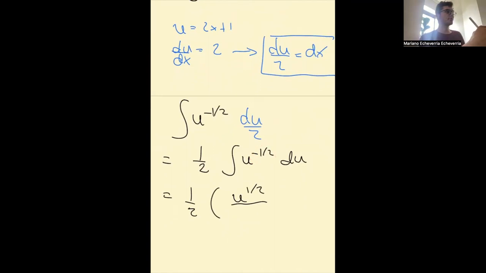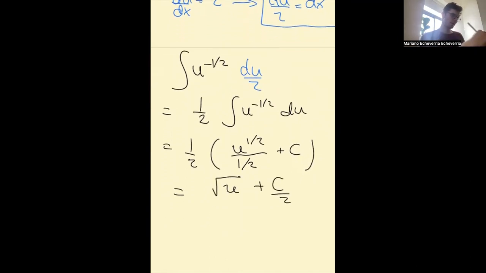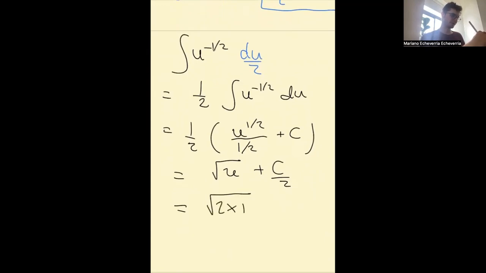So you increase the exponent by 1, so that gives you 1/2, and you divide by that same number. But what is u? u is 2x plus 1, so it gives you 2x plus 1.